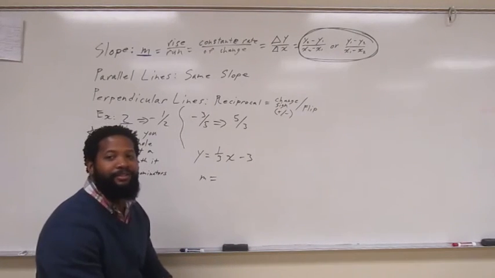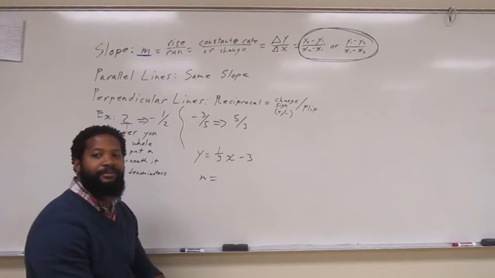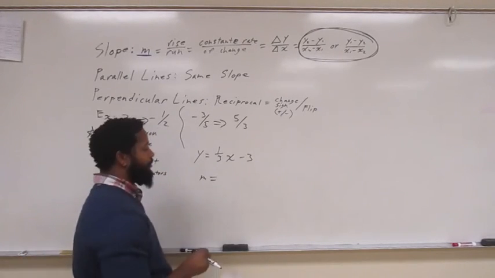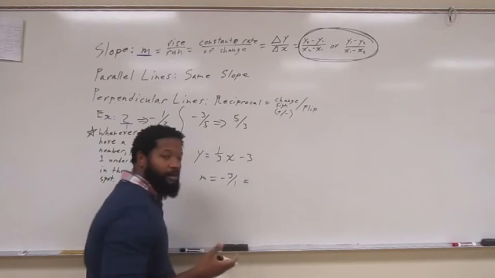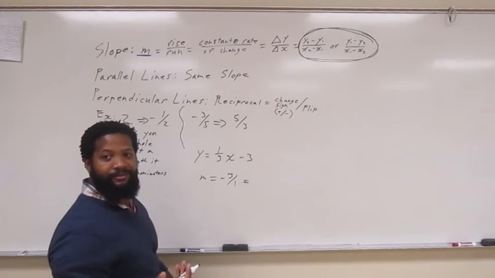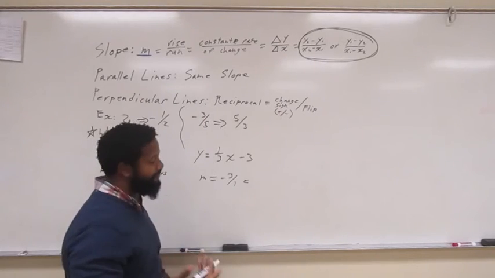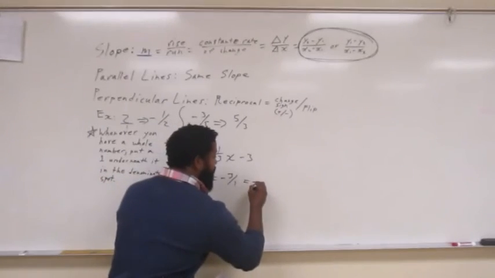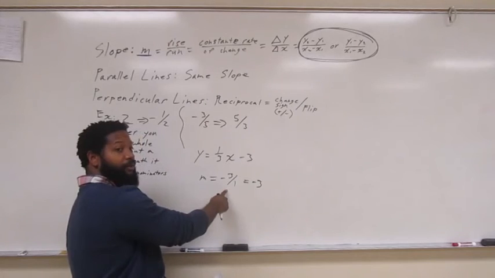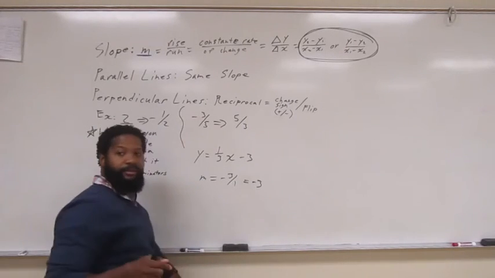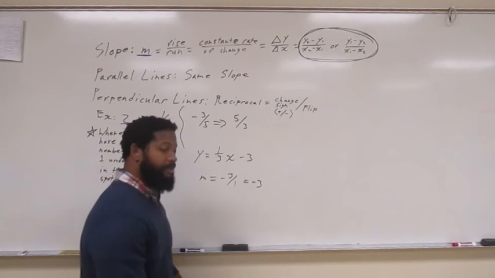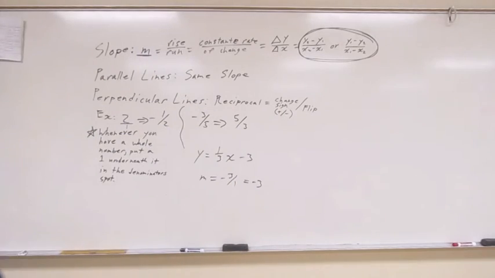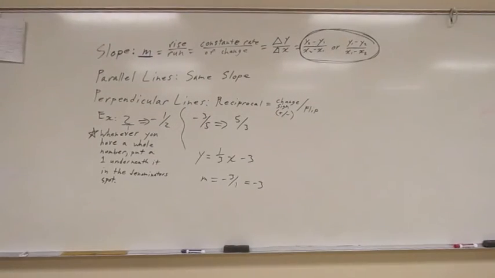Miss Dunbar, you want to take a stab at it? -3/1. Good job. Or you could call it, what's 3 divided by 1? 3. So therefore, we can just call it -3. I will take -3/1 or -3, okay? I'll take either. Cool? All right. Let me stop this because we had 21 minutes.